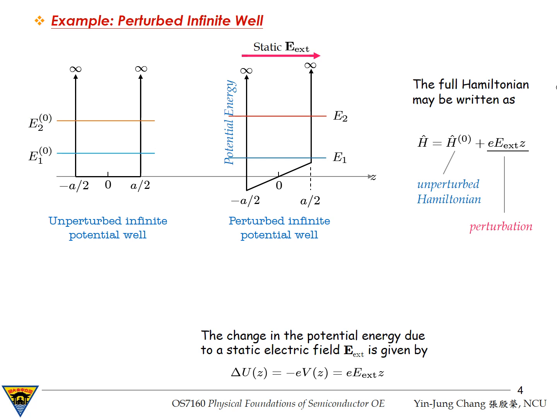On the right, an external electric field is applied along the z direction. That field tilts the potential energy inside the well, so the flat bottom well becomes a slanted well.